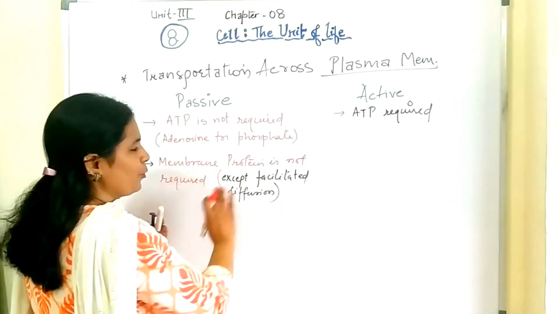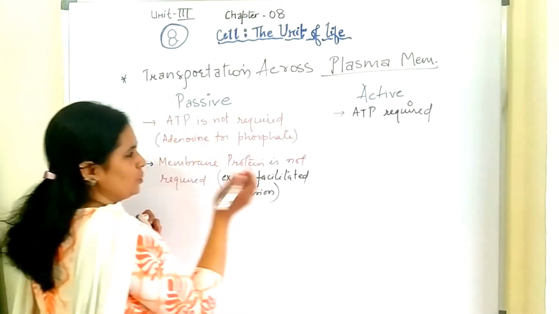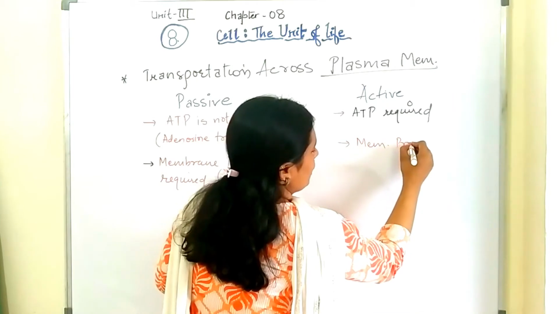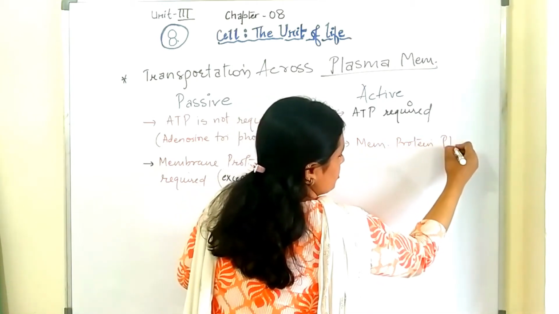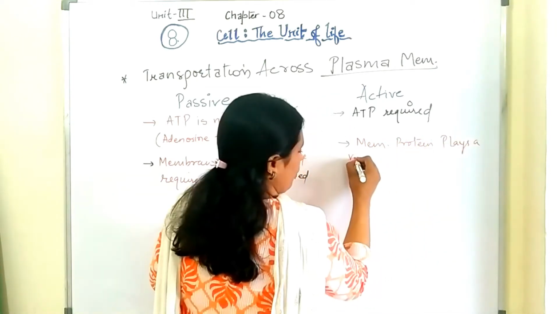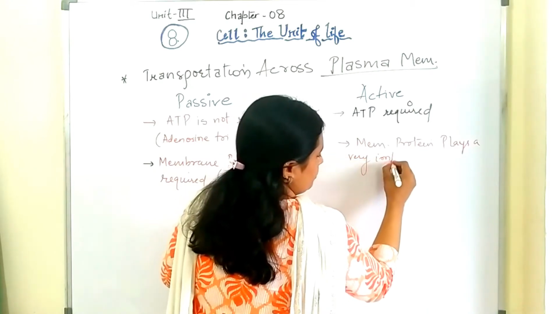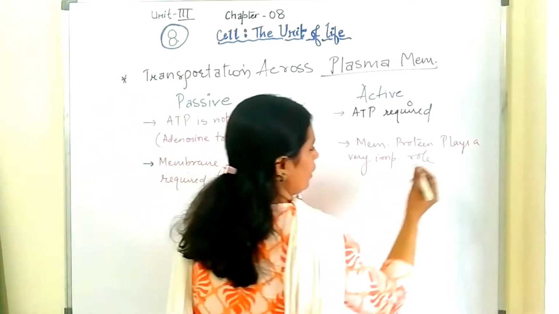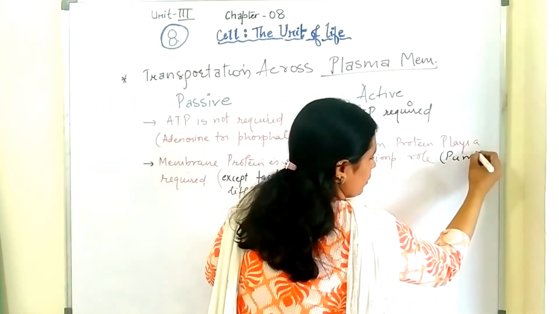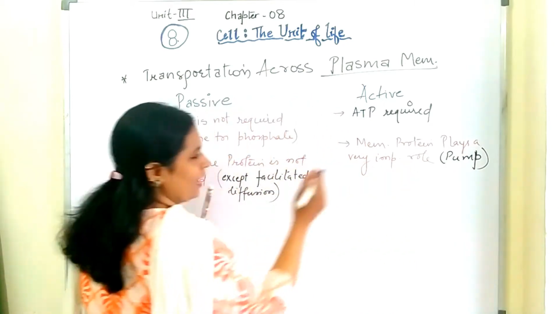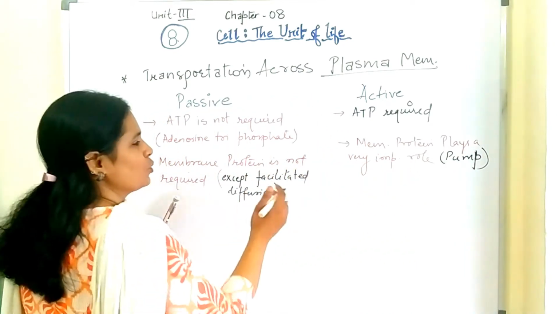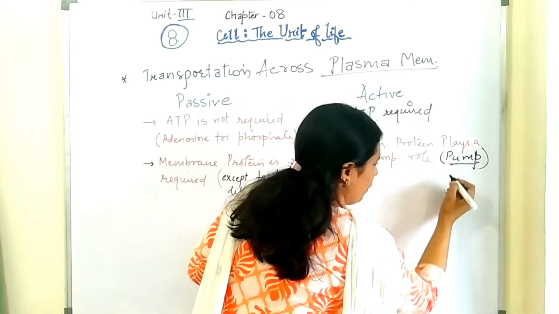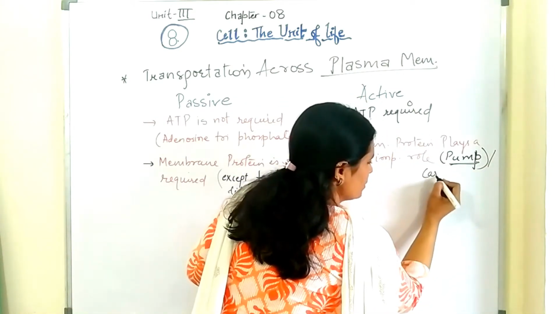Otherwise, membrane protein is not required in passive transportation. Here, in active transportation, membrane protein plays a very important role. The membrane protein is generally called a pump, and you know a pump requires energy. So the proteins which help in active transportation are called pumps, or you can also call them carriers.